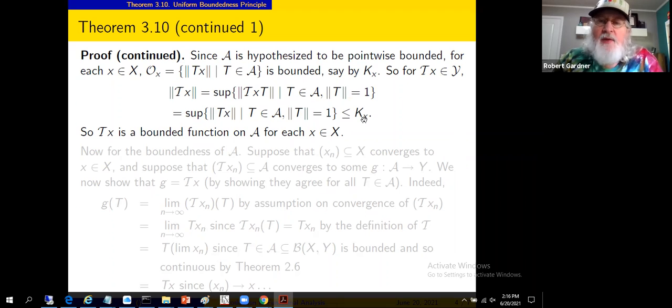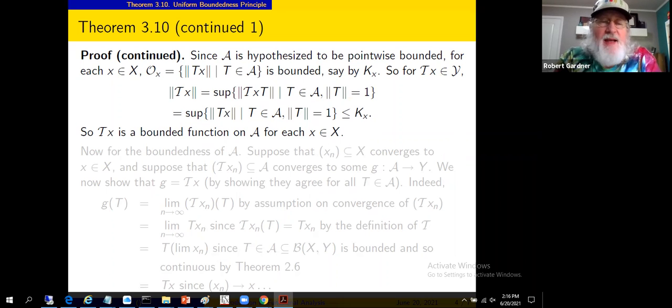So an upper bound of that is also an upper bound of this. And the norm of calligraphy T of x is less than or equal to K sub x. So calligraphy T of x is a bounded function on calligraphy A, and that holds for each x.